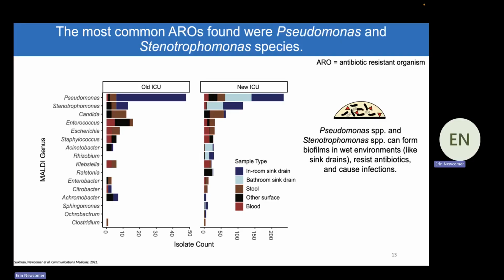These are something that we've seen a lot in literature in this context, because these two genera can form what we call biofilms in wet environments, which are more resilient groupings of these species that can survive in wet environments like sink drains, but can also resist antibiotics and cause patient infections. I might have forgotten to mention that across the course of this study, we also collected clinical samples as they were available as part of routine care. So we also have isolates from patient stool and bloodstream infections.